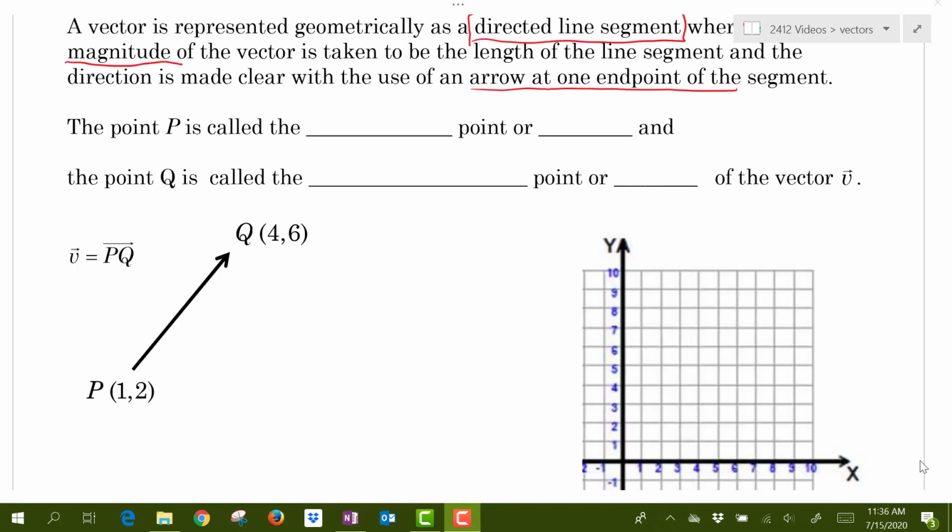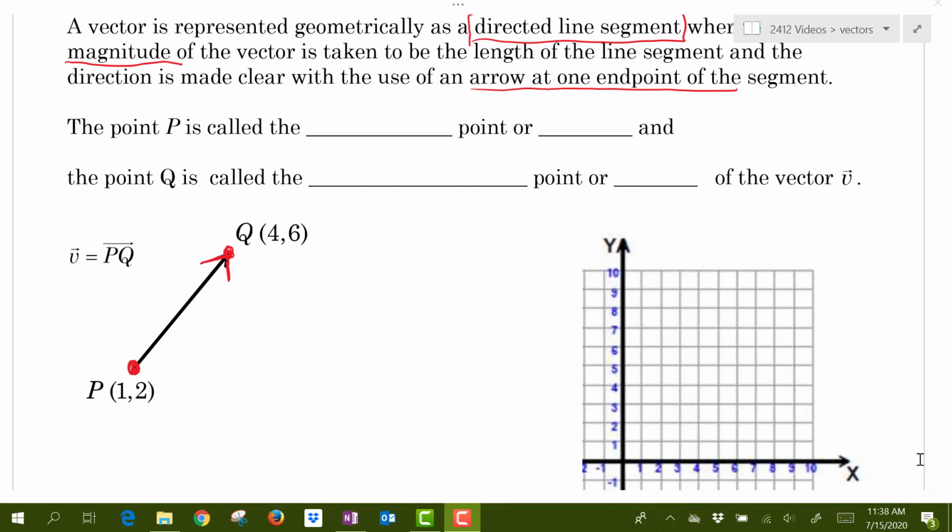It has 2 points, a starting point and an ending point. So that's what gives us what we call the line segment, and the direction is indicated here by this arrow. If you just had a line with 2 endpoints and you didn't have the arrow, then it wouldn't have direction and it would not be a vector. So your vector has to have this arrow on it to indicate its direction.